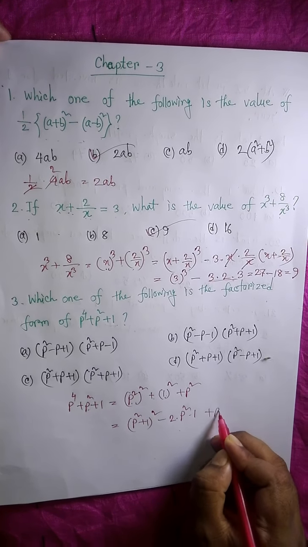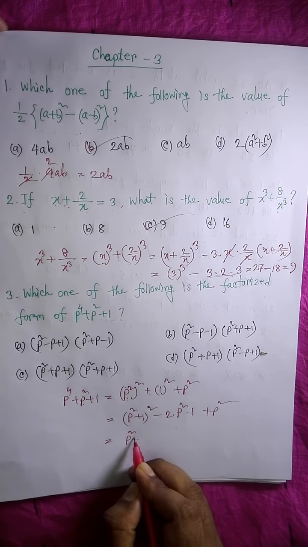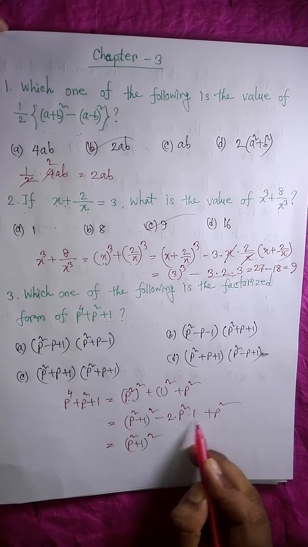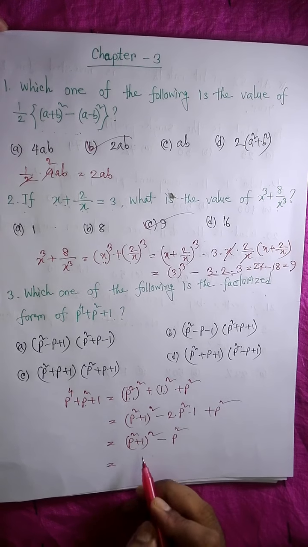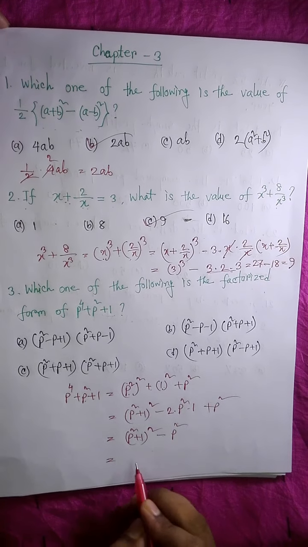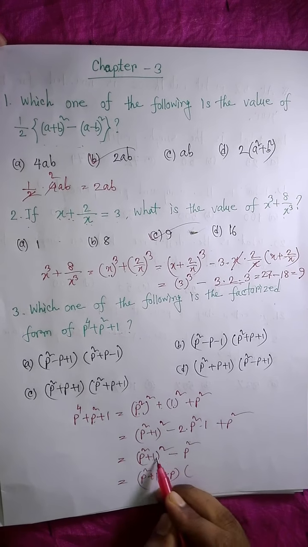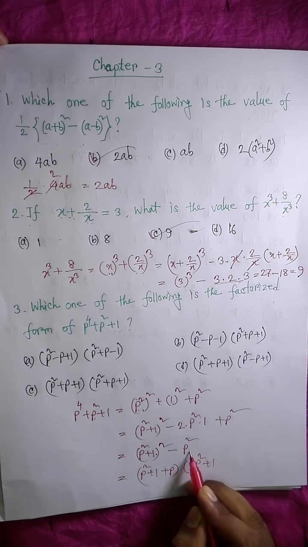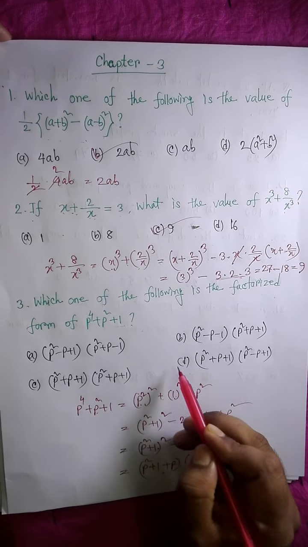So here (p square plus 1) whole square, and by calculating this we get minus p square. Now a square minus b square equals (a plus b) into (a minus b), so our answer is this.